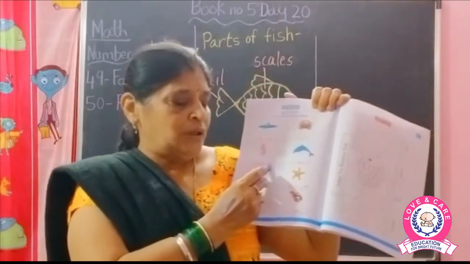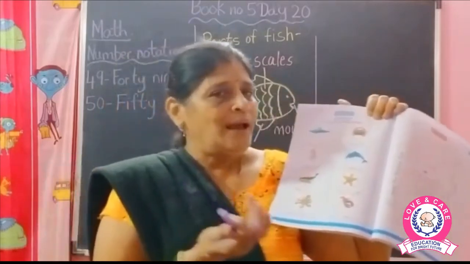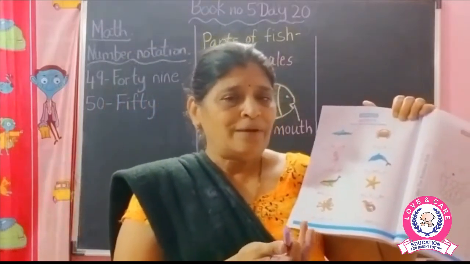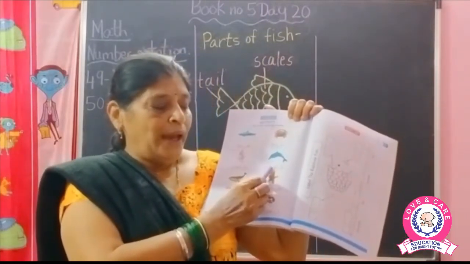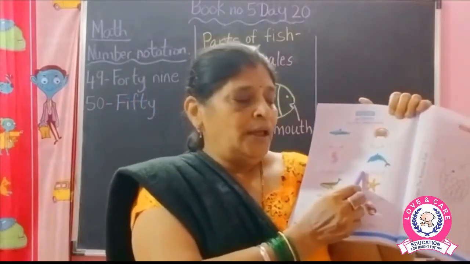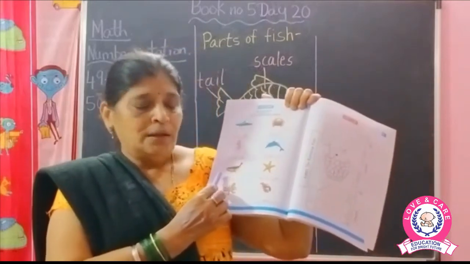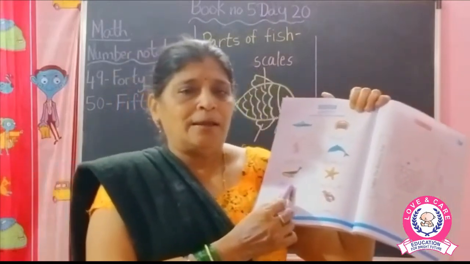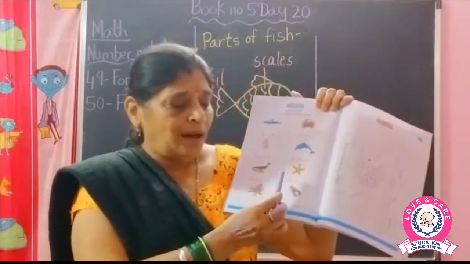F-I-S-H, fish. तो यहाँ पे आपको E लिखना है and I. तो A, E, I, O, U के words पता है ना, sounding words. So that you have to write it. Dolphin, D-O-L-P-H-I-N, dolphin. Whale, W-H-A-L-E, whale.